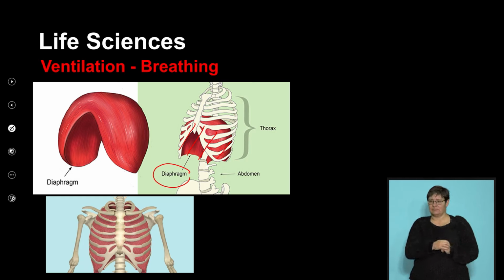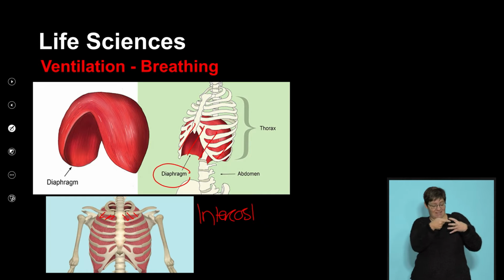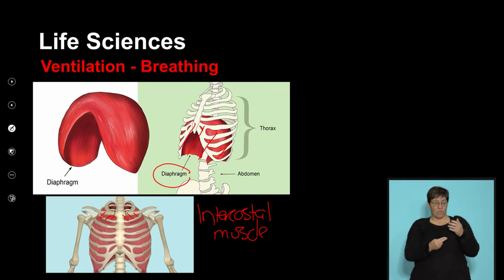In between each of the ribs, I have got intercostal muscles. Remember, when we looked at the skeleton, intercostal muscles. And both of those are going to be able to move. And them moving is what allows the breathing process to occur.